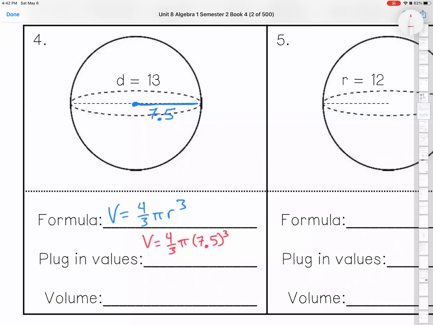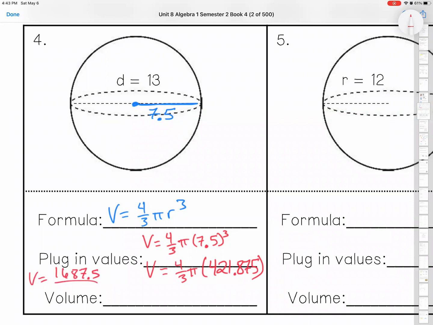And so now when we cube this value, we end up with V equals 4/3 pi times 7.5 cubed, which comes out to be 421.875. And we'll go ahead and multiply that by our numerator, 4. And so we end up with V equals 1,687.5.